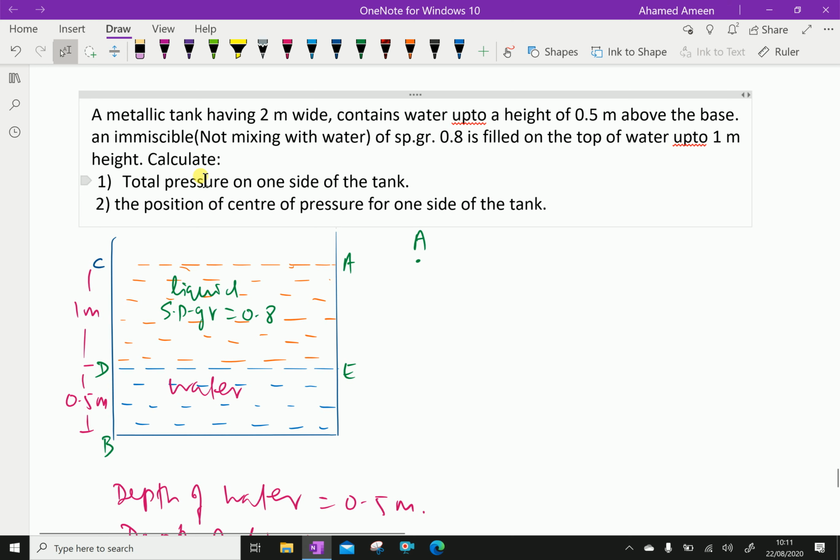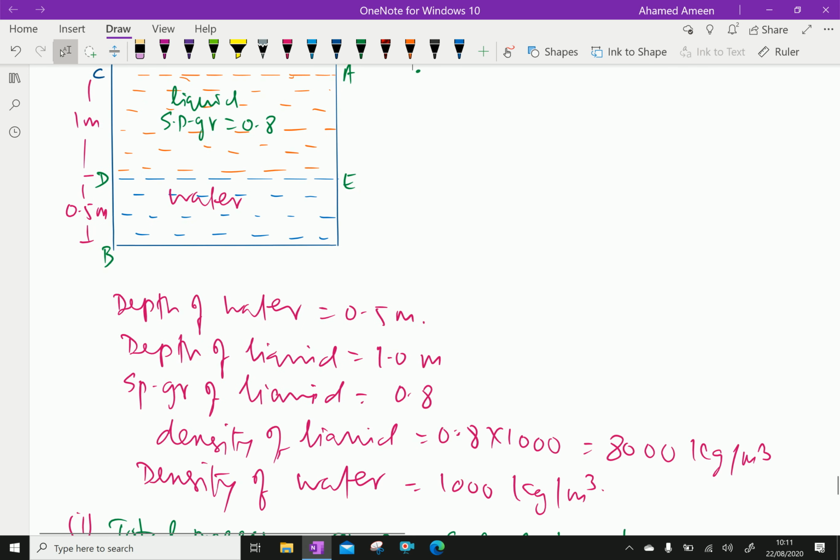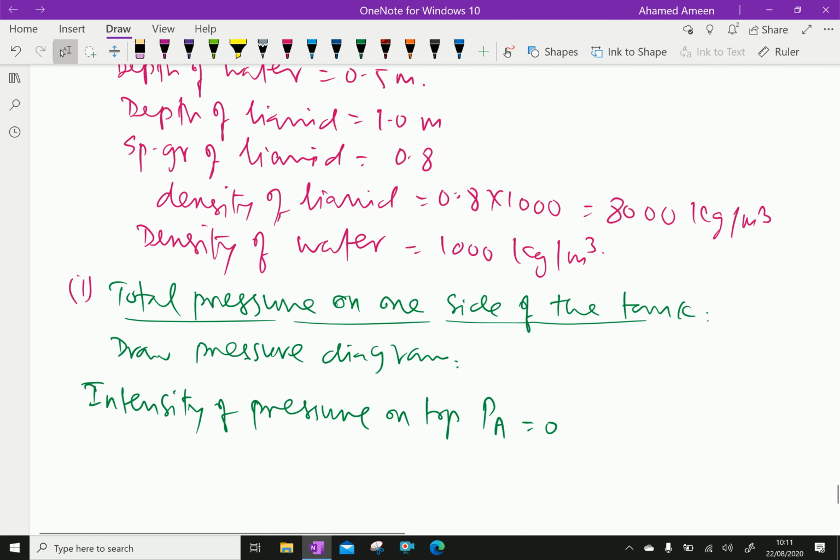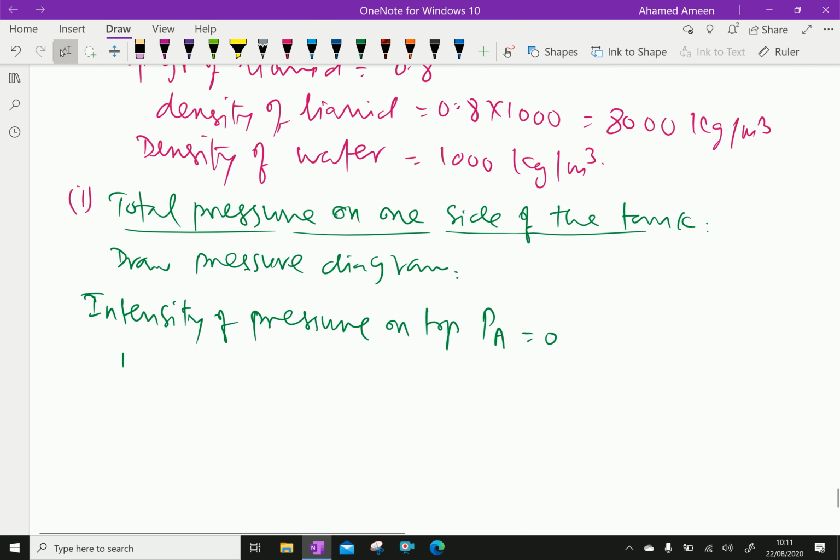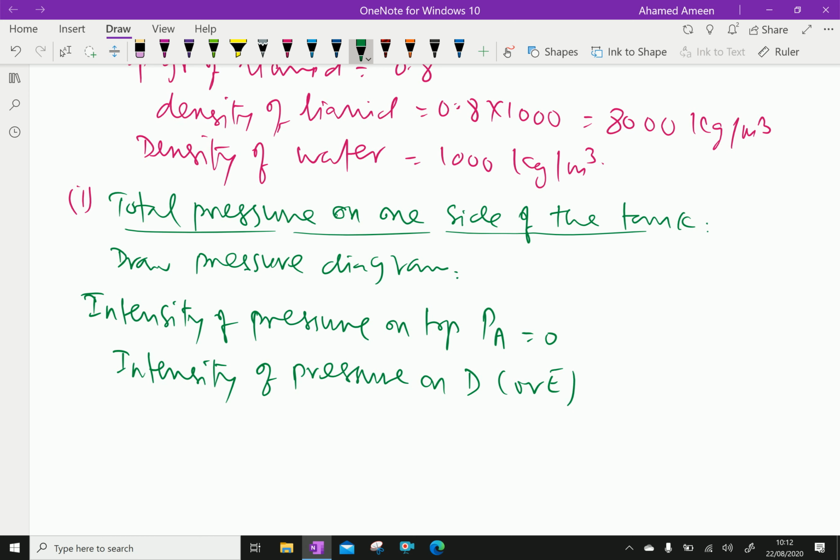The intensity of pressure at point D will be calculated because of the liquid that is here. Intensity of pressure on D, or we can put E, both points.